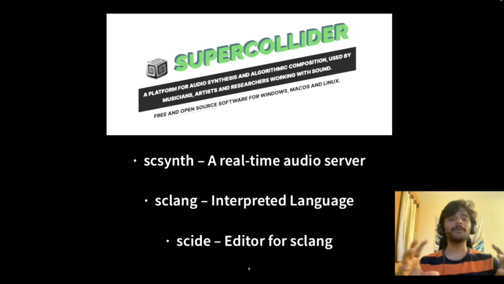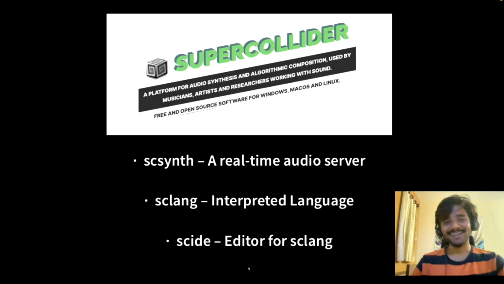It has its own interpreted programming language, which is also called Supercollider, and it comes with its own editor. And it has a whole bunch of plugins that you can install. You can build your own synthesizer with Supercollider. It's super powerful, and it's also the base of a lot of live coding tools like FoxDot, Tidal Cycles, SonicPy. All of these use Supercollider. It's also free and open source, so it's awesome.